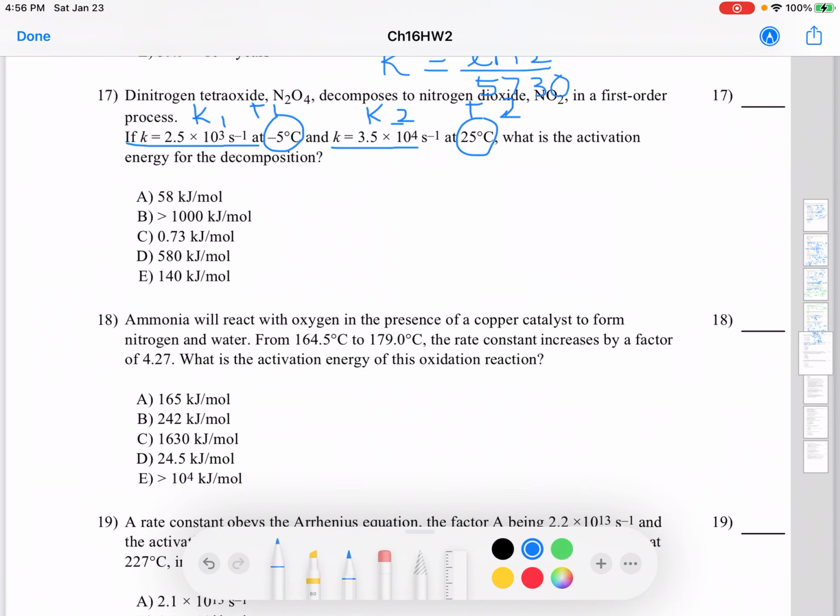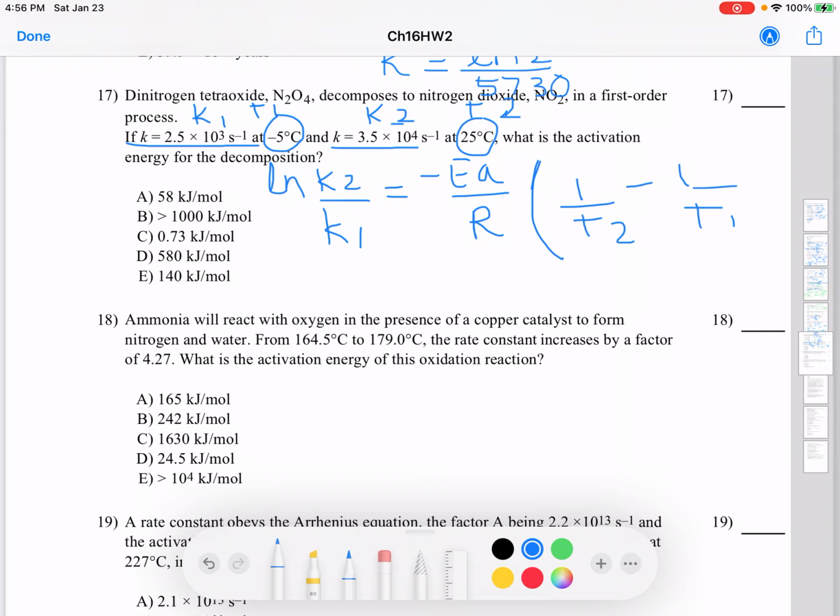So our equation is going to be ln K2 over K1 equals negative activation energy over R times 1 over T2 minus 1 over T1.